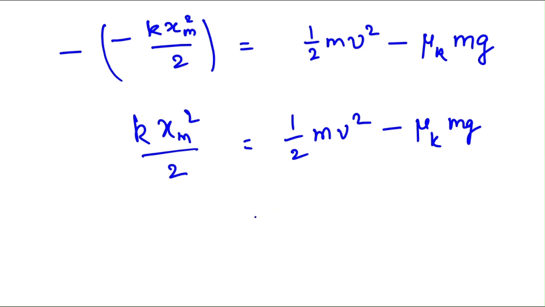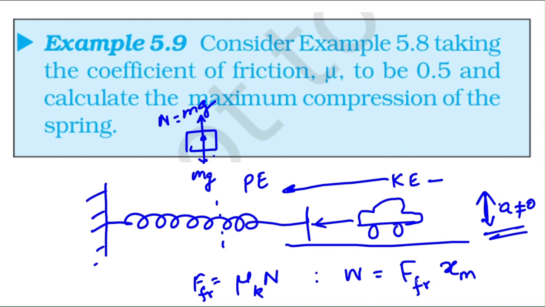Now we can rearrange these terms. This is a friction force only, so we have to multiply this friction force with x maximum to get the work done by the friction force. As we discussed earlier, work done is force times the maximum displacement.